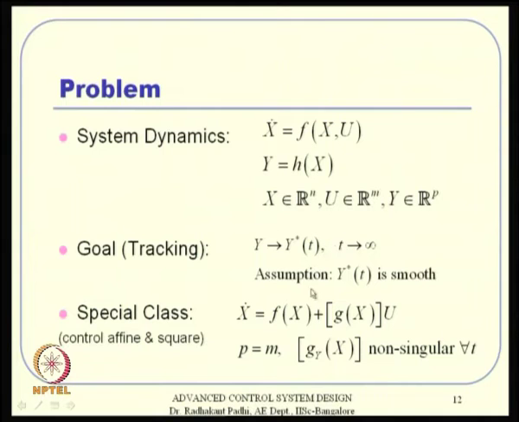Problem objective is y should go to y star, and we are confining ourselves to control affine systems which are square. In addition to that, there is no singularity in this particular matrix, that is all we are interested in. And before we proceed further, remember this t goes to infinity does not really mean t really goes to infinity. Notationally we always do that.